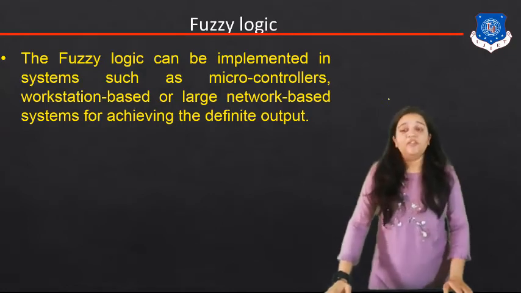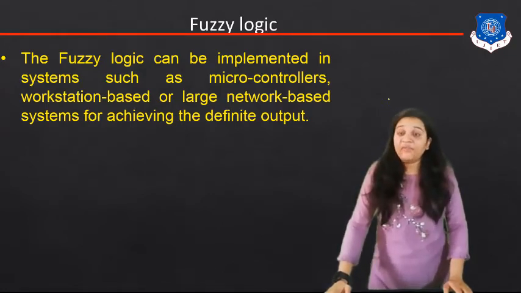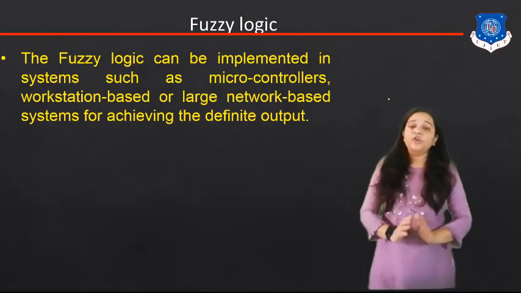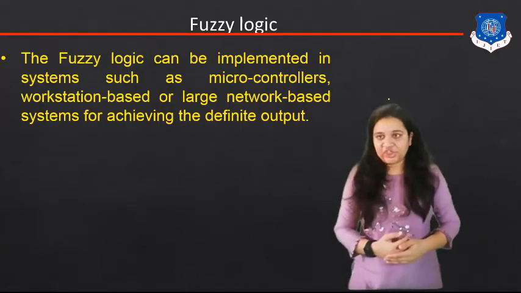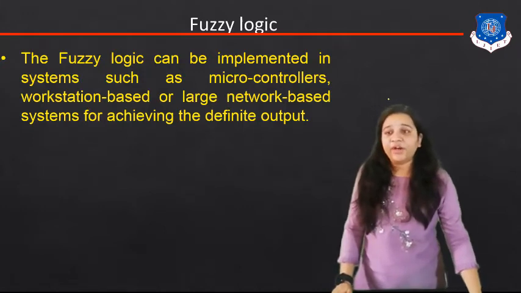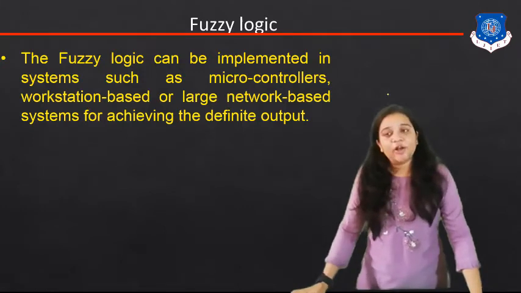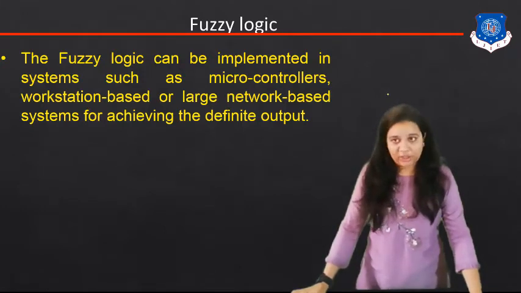Generally, fuzzy logic can be implemented where the output value lies between two values or the output is given in a range. In that case we can prefer fuzzy logic instead of Boolean logic.